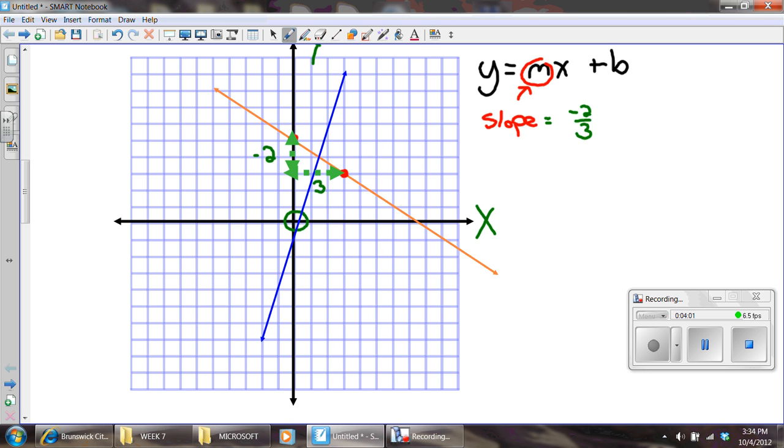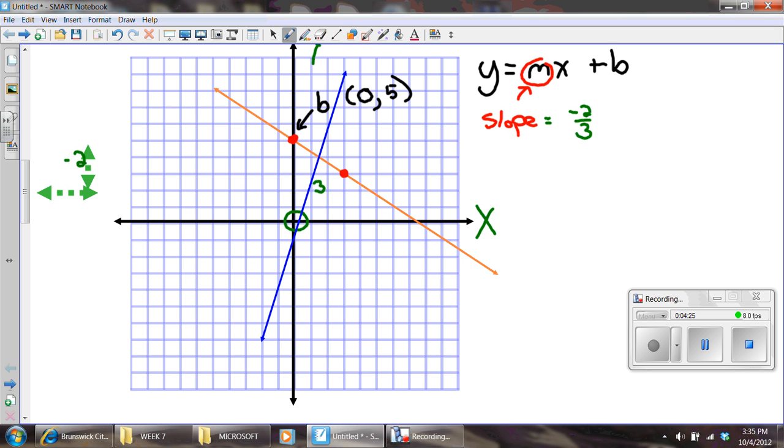I almost have my equation. All I need now is a b, not a stinging bee, you silly goose. I need my y-intercept. And if you look, my y-intercept is right here. I know that the coordinates of that point are going to be 0 for the x-coordinate, because I'm on the y-axis. 1, 2, 3, 4, 5.